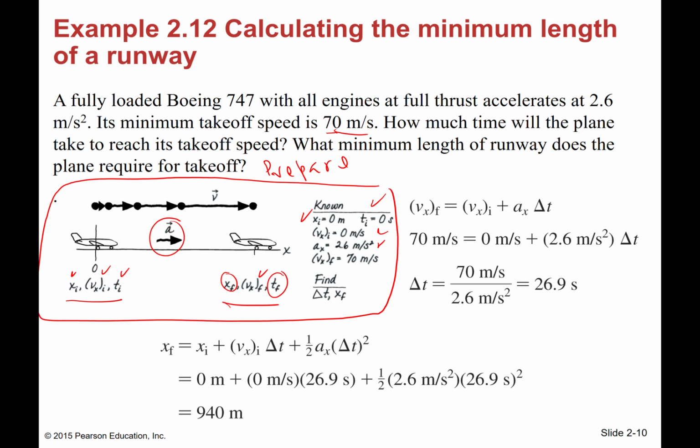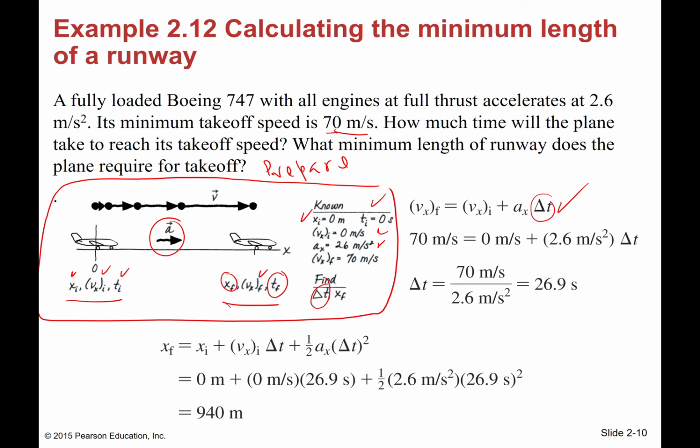We write our first equation, v final equals v initial plus acceleration times delta t, and then we can solve for delta t from that equation. We get that delta t is 26.9 seconds. So now I have solved for this. Now I need to find the minimum length.